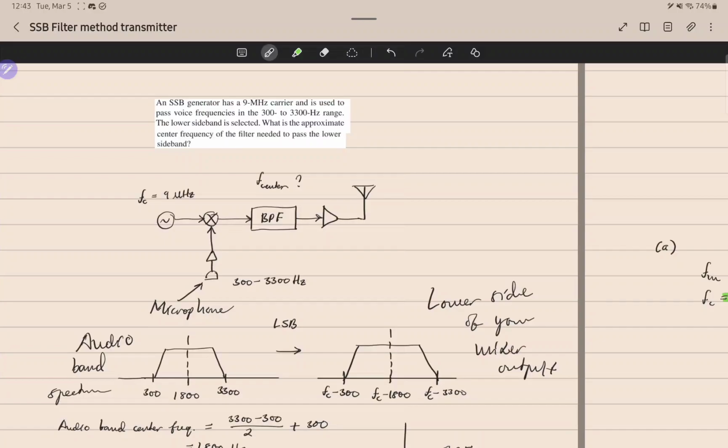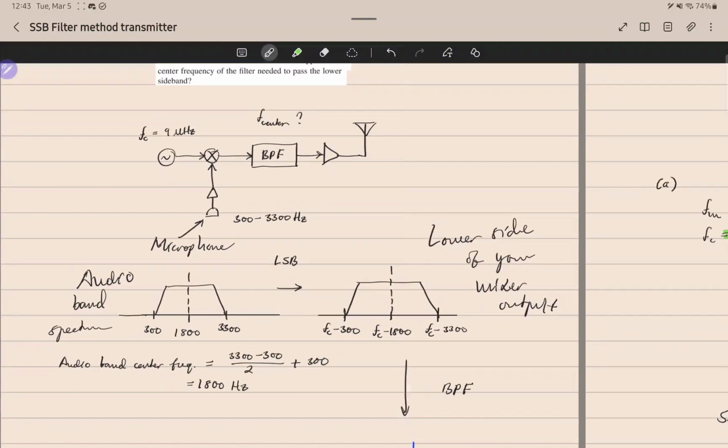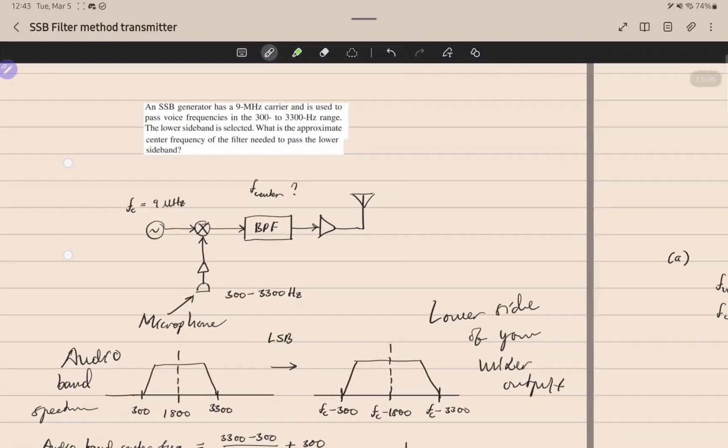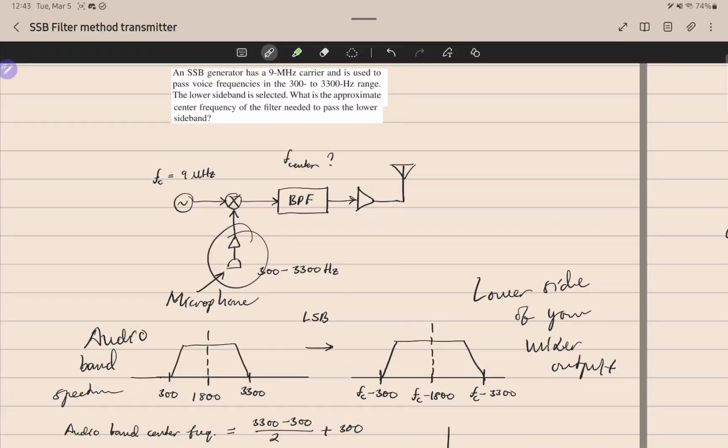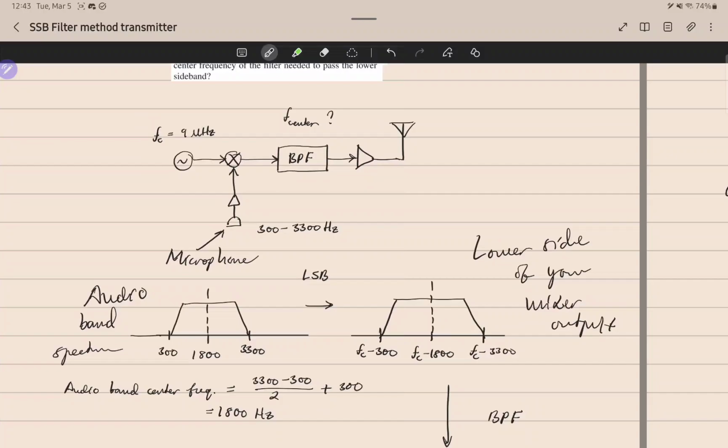So this is an SSB transmitter. What if you have this SSB transmitter, and you have a microphone input here, which is actually a signal whose frequencies vary in time, because that's your audio input.